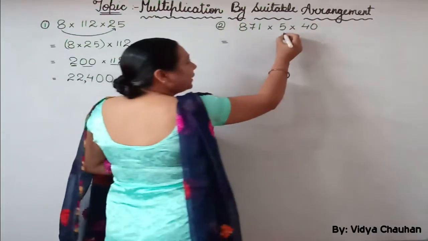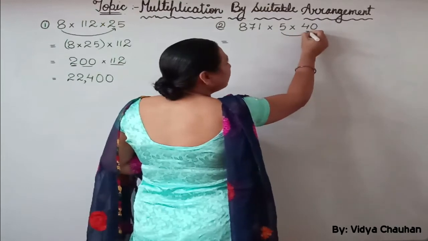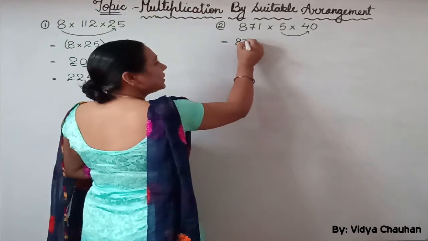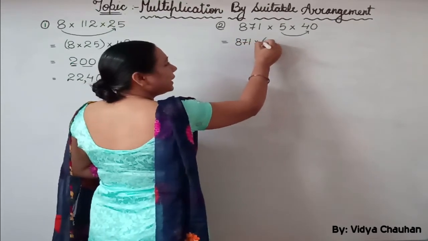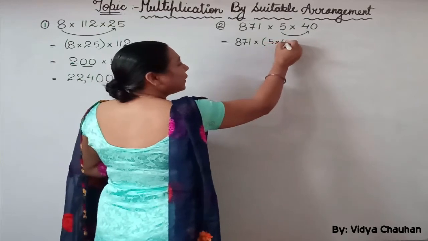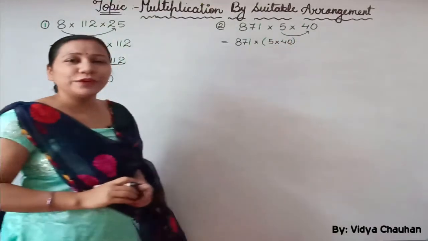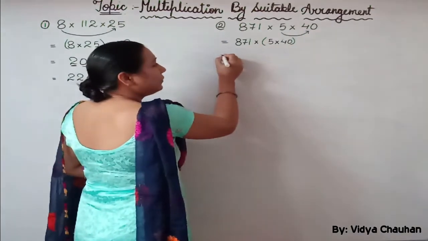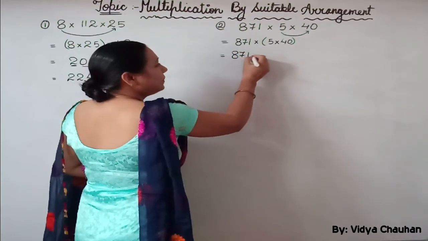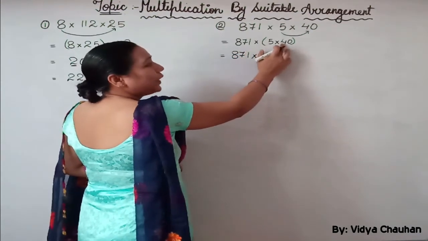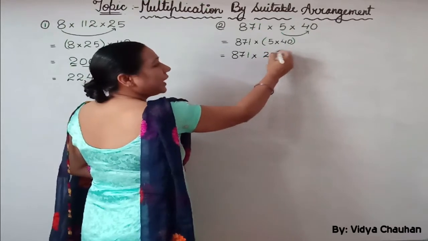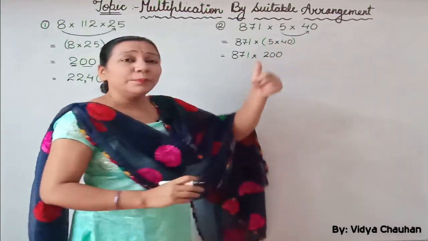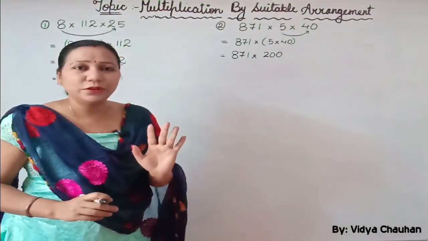So if I make a suitable arrangement and multiply these two numbers first, I will write it like this: 871 multiplied by, now I make a group of 5 and 40. 5 multiplied by 40 in a group, and we will perform this multiplication first. 871 multiplied by, let's see what is the answer. 5 into 4 is 20, and then a 0. So we multiplied 5 into 40 by the multiplication by 10, 100 and 1000 rule.